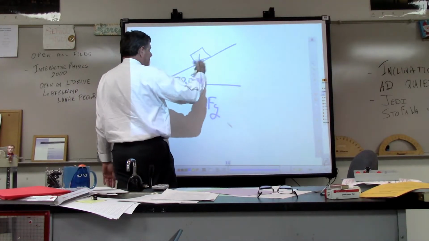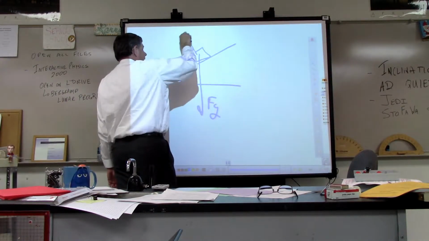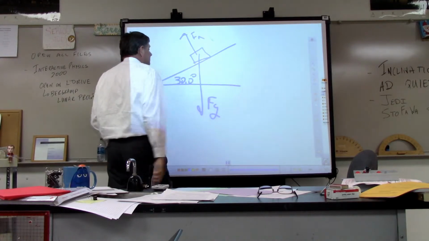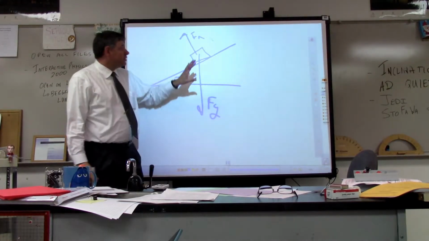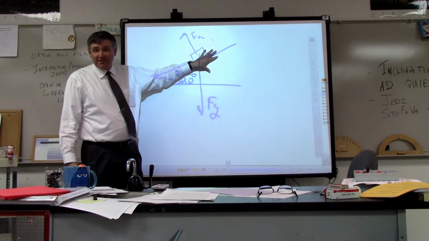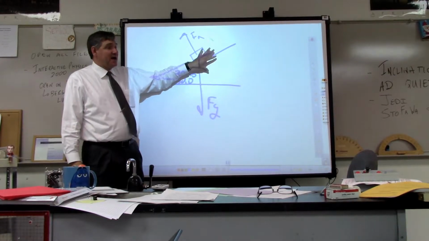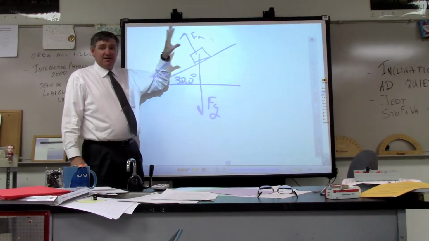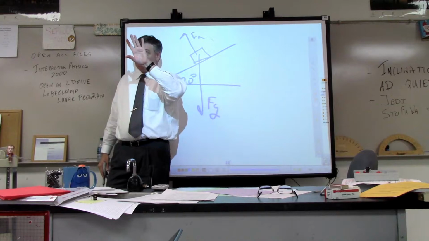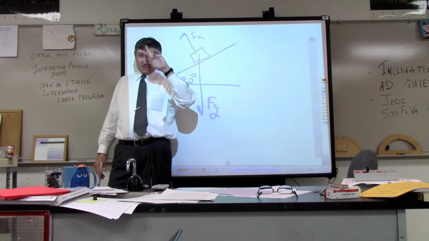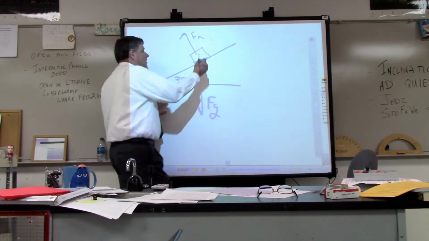Your force parallel, your force friction, your force applied, your force normal. When this gets done, you should have 5 vectors. Count them, 5. And here's the first thing that I'm going to look at when I look at this portion of the lab.